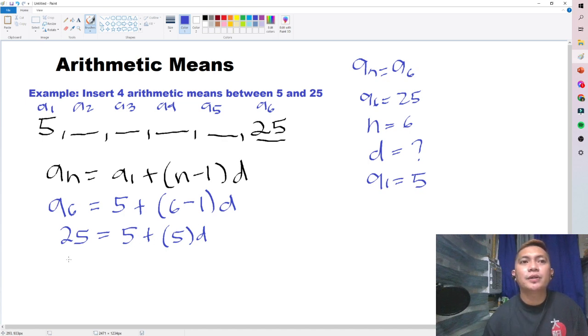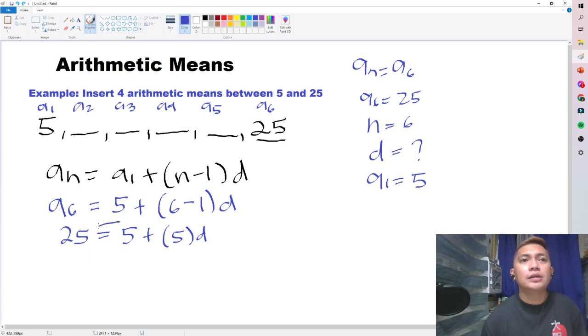Okay, so simplify natin siya, 25, or we can proceed now to transpose na natin tong value ng 5 sa kabila. Okay, kasi yung 5 hindi natin siya ma-add sa 5 times d. Okay, so transpose natin yung 5.